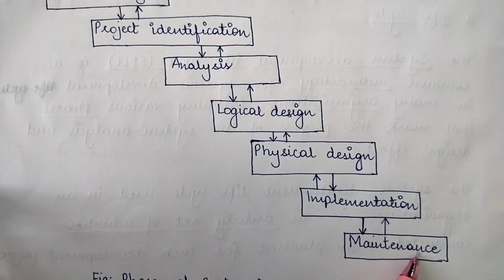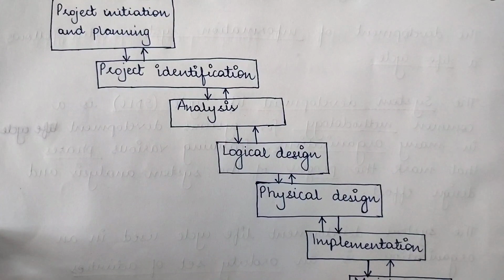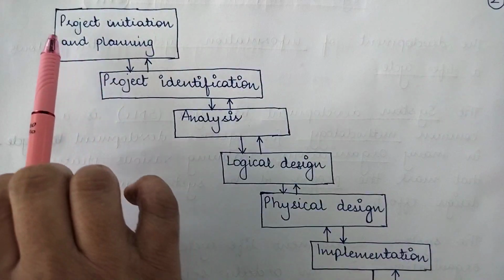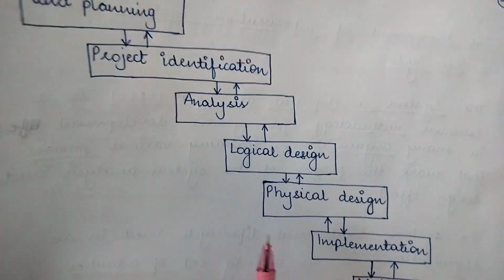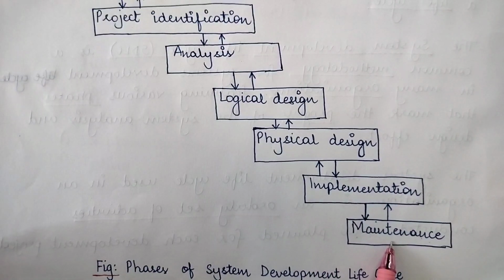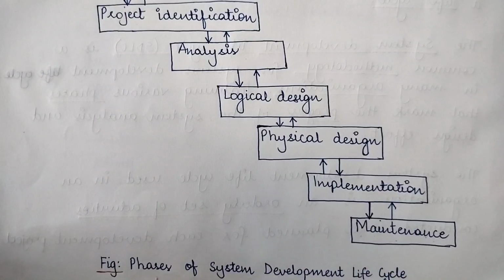You can see that there are a total of 7 phases in system development life cycle, starting from project initiation and planning and ending at maintenance, which is an ongoing activity. So, these are the phases of system development life cycle.